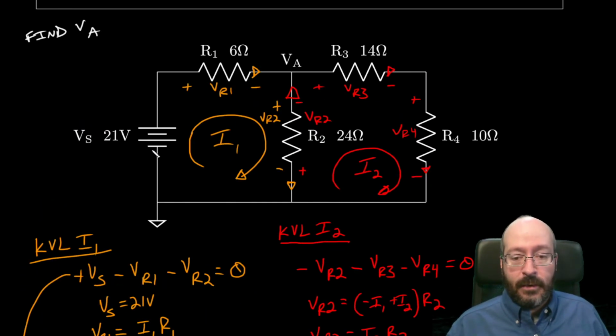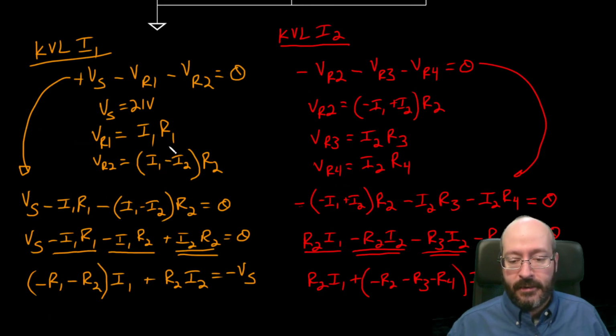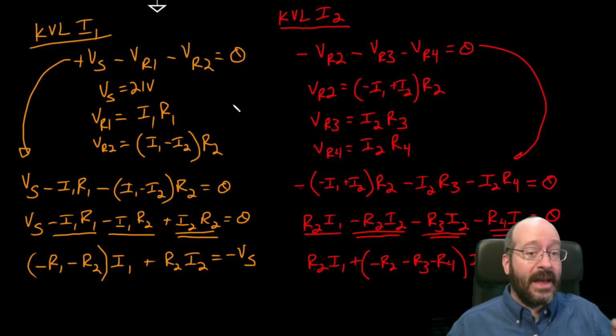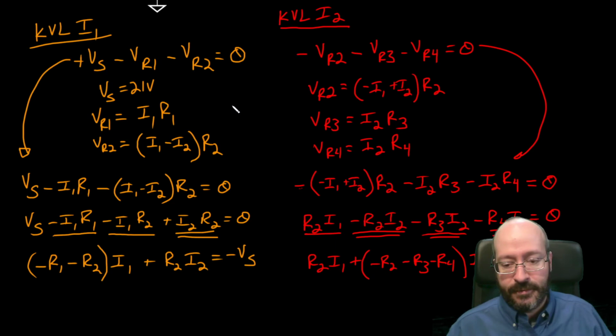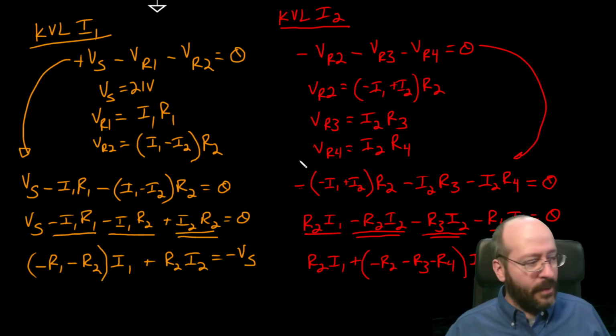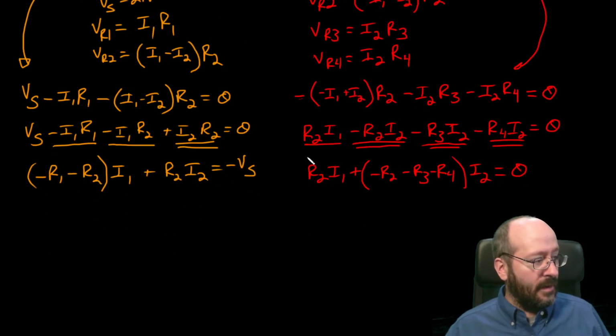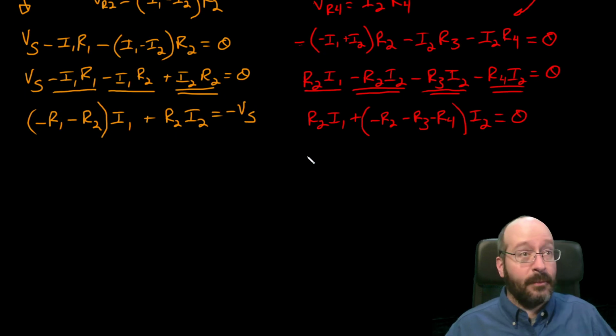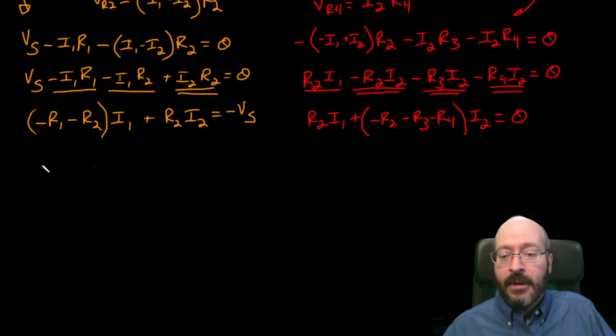Okay, so let's see, 21, oh, I have it up here. Hopefully you're looking at the image because I post these images for you, and I can do the plugging in by looking at my notes up here. So we get negative R1 is negative 6, and negative R2 is negative 24.